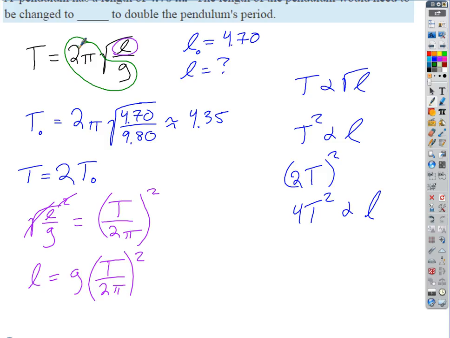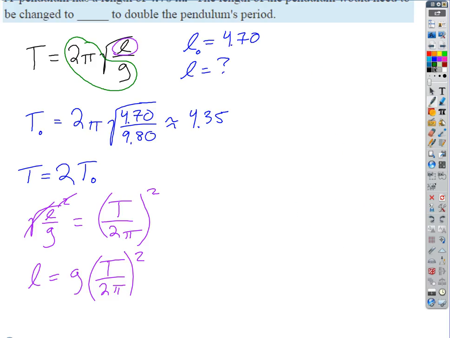An easier way of saying that would just be T equals some constant k times the square root of L. If I square both sides to get L by itself, I get t squared equals k squared times L. Let's just call k squared the constant c. It's still just a constant, so that's not going to change.